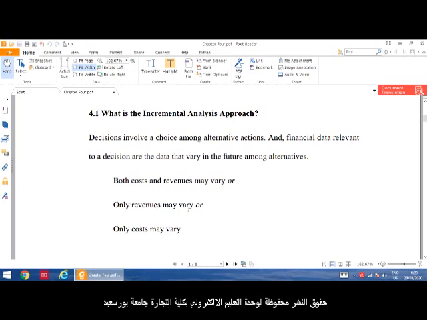Only revenue may vary among alternatives. Only cost may vary among alternatives. Here we face three cases. The first case, both cost and revenue may vary among alternatives. The second case, only revenue may vary. Thirdly, only cost may vary among alternatives.